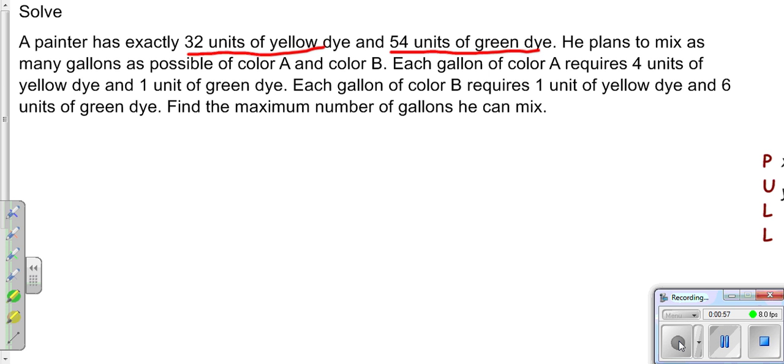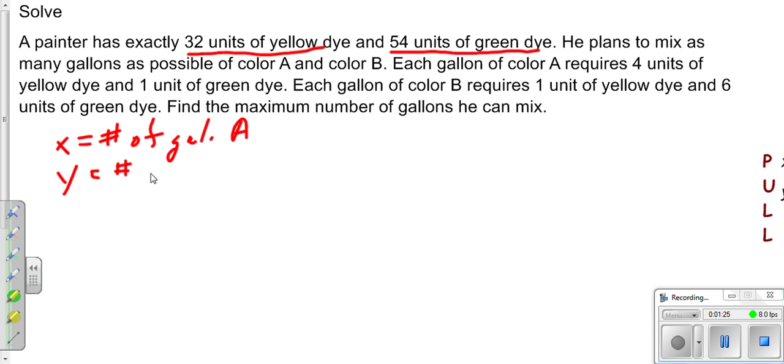We don't have to use A and B. A lot of you prefer X and Y, so I'm going to say X is equal to the number of gallons of color A. And I'm going to say Y is the number of gallons of color B.